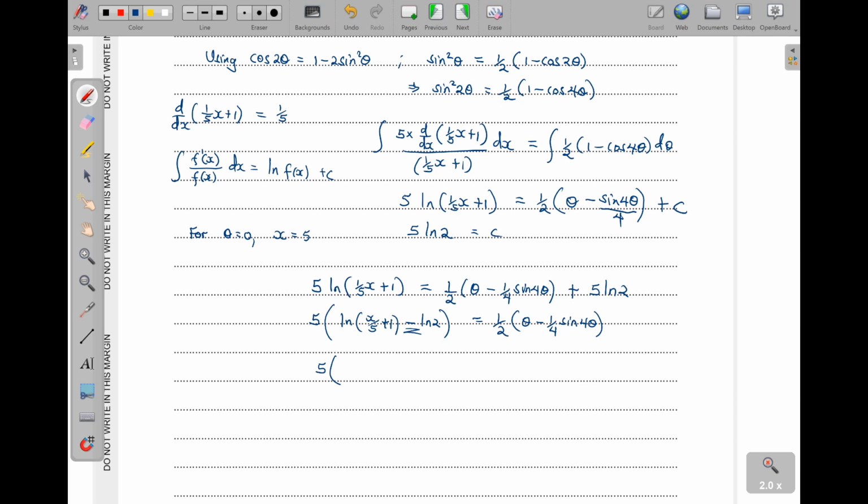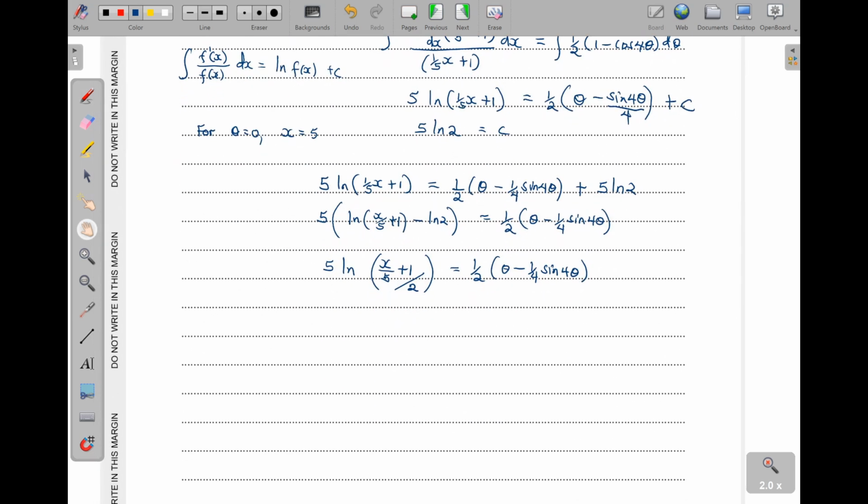And for subtraction of logarithms, we always divide the powers. So we shall have natural log here of now x over 5 plus 1, then we divide it by 2, then it's equal to a half, and then theta minus a quarter sine of 4 theta.